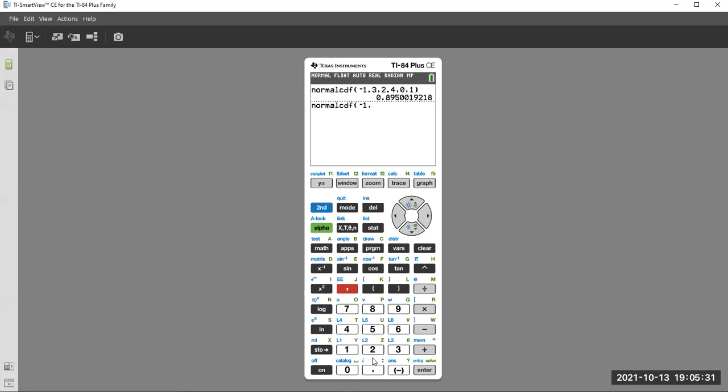Oh, sorry, backspace. -1.3, there we go, comma, 2.4, comma, the mean comes in at 0, standard deviation comes in at 1, comma between them. There you go, close them up, and you see the same value there. So you put your limits in first, and then you put in the mean and the standard deviation.